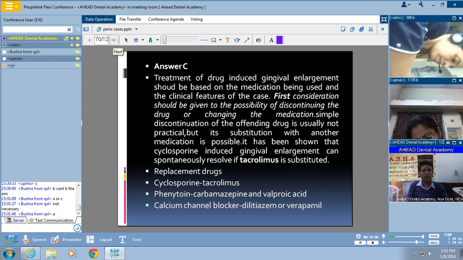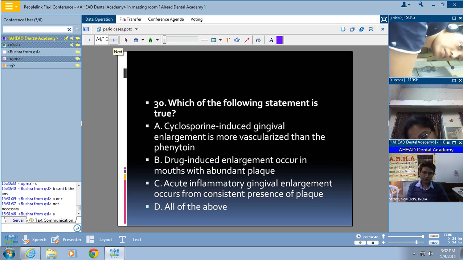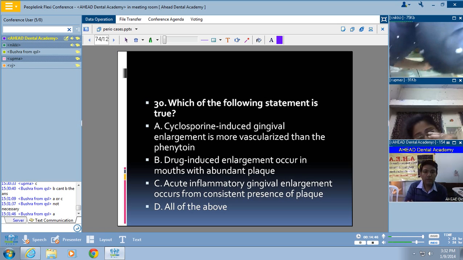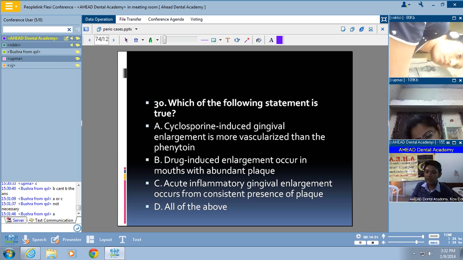Now we come back to our question. Read option A now. Cyclosporin-induced gingival enlargement is more vascularized than the phenytoin. Bushra has already answered A. What do you make out of the previous statement that phenytoin-induced enlargement will be more fibrous?